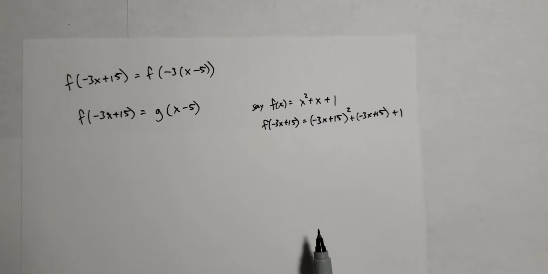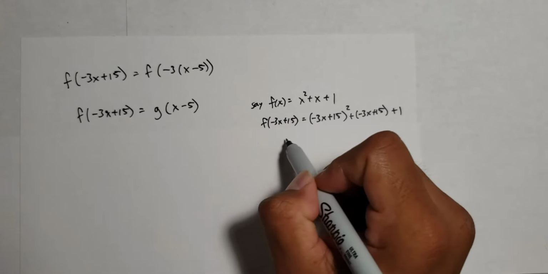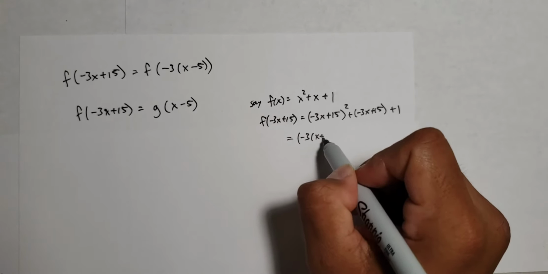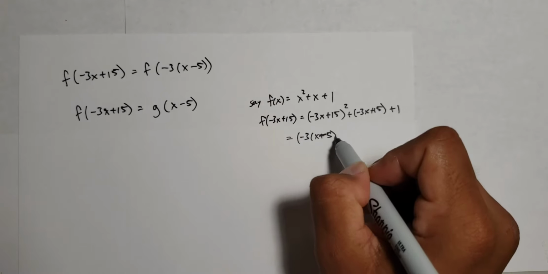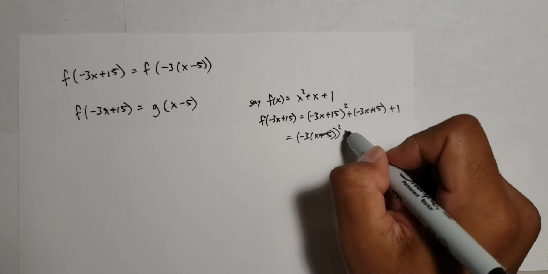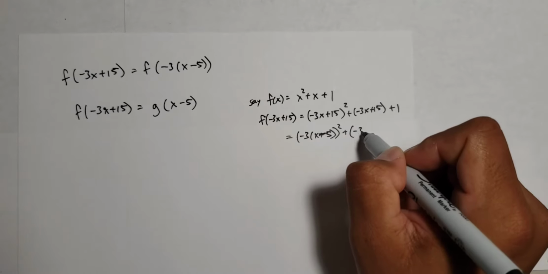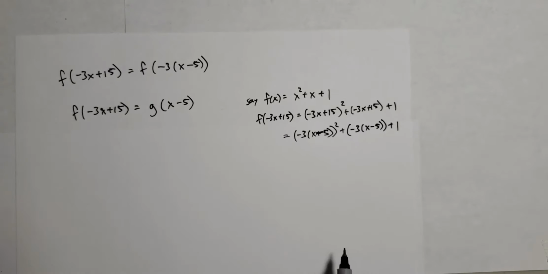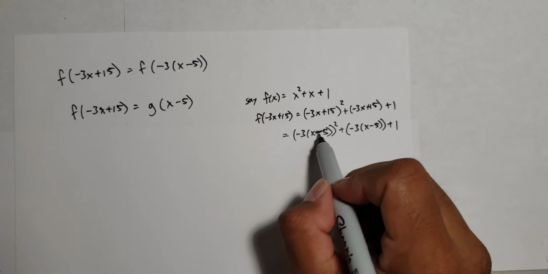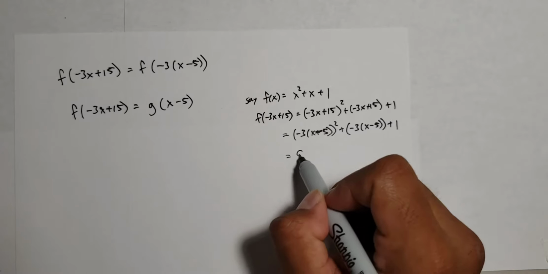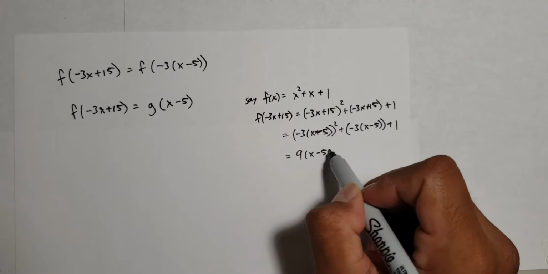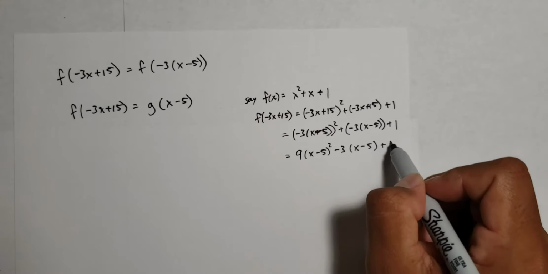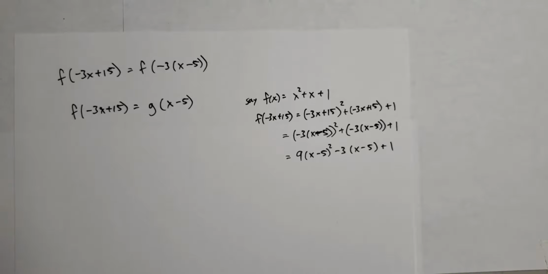We can factor out a 3, so that's going to give us negative 3 times (x minus 5) squared plus negative 3 times (x minus 5) plus 1. This gets distributed, and we end up with 9 times (x minus 5) squared minus 3 times (x minus 5) plus 1. So now we've actually found our g of x.